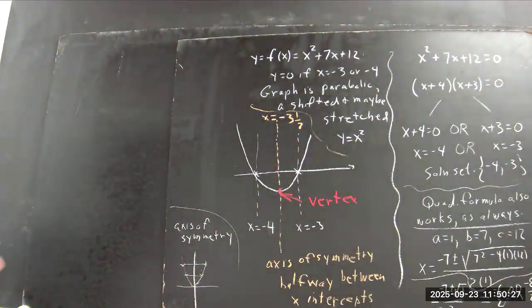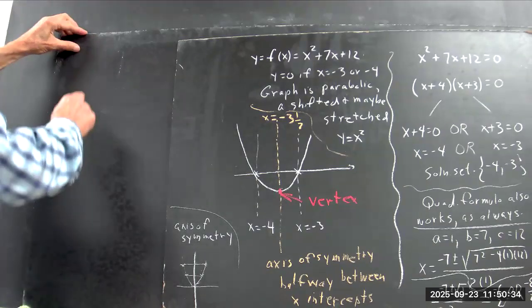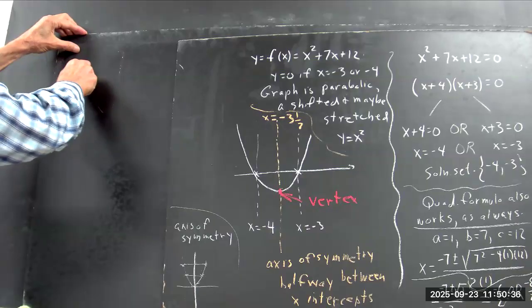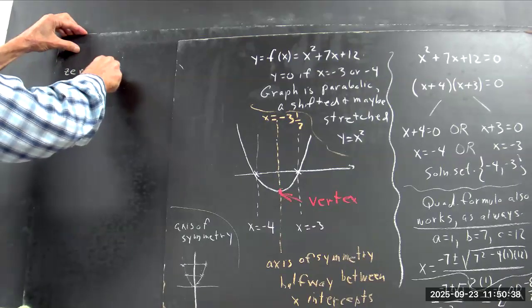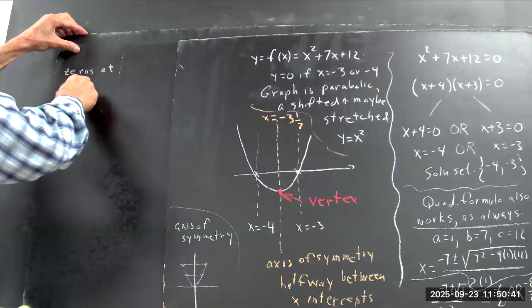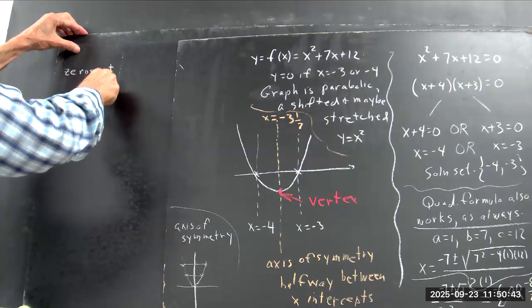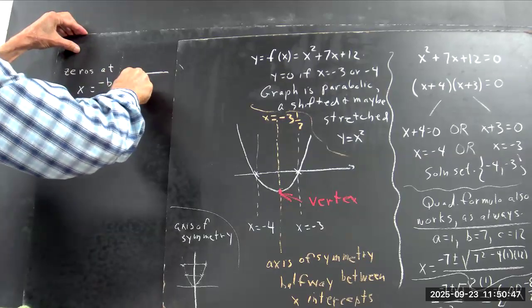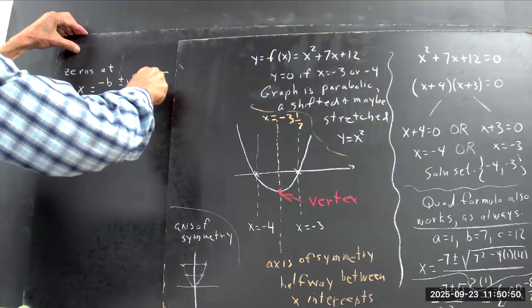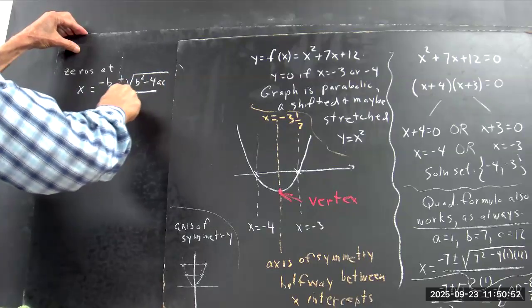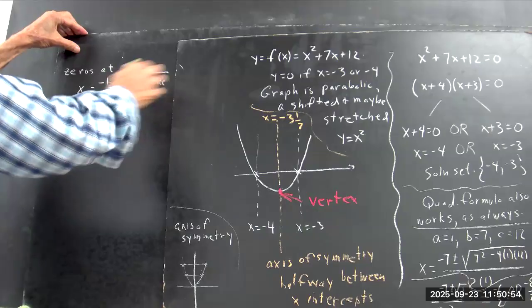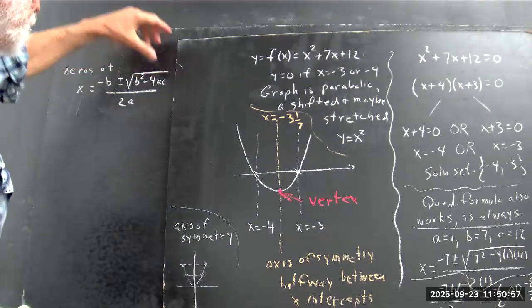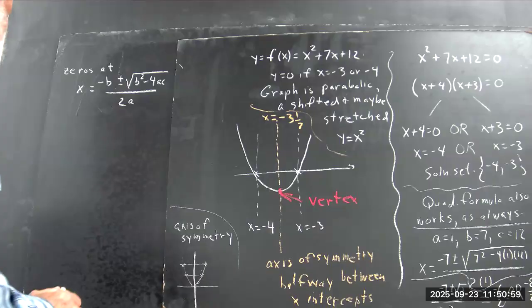I think it's better if you understand it, so I'm going to explain it. Okay. Your zeros. X equals negative b plus or minus the square root of quantity b squared minus 4ac, all divided by 2a.